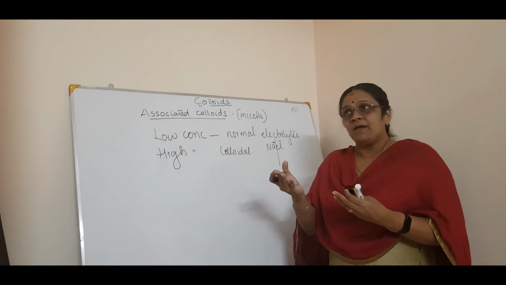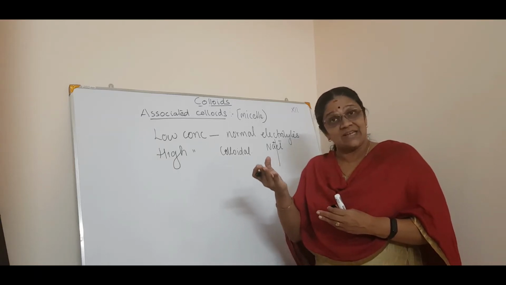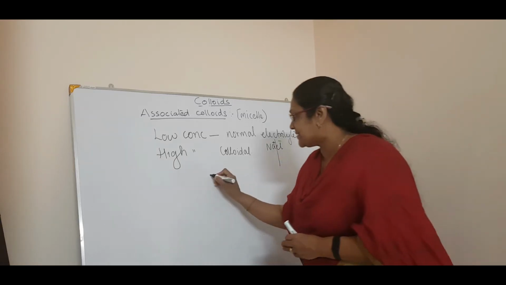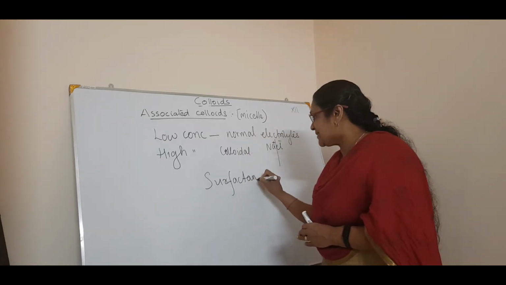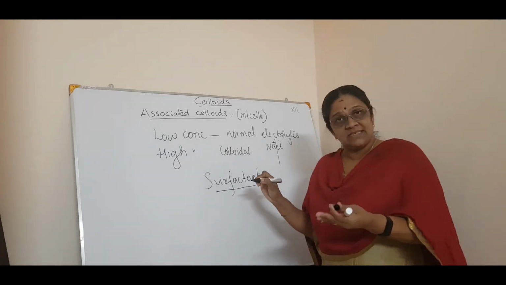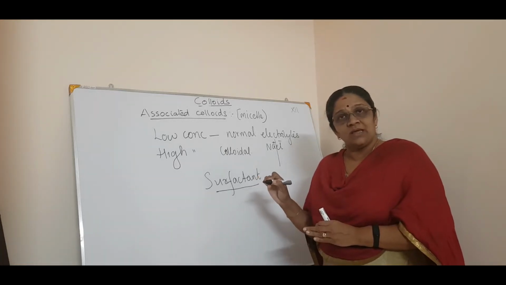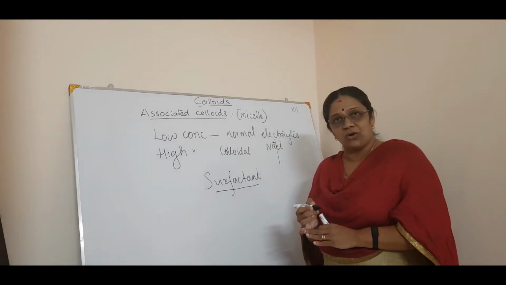Take for example the surface active agents, that means surfactants. Surfactants, or surface active agents, are nothing but detergents and soap. These come under associated colloids.